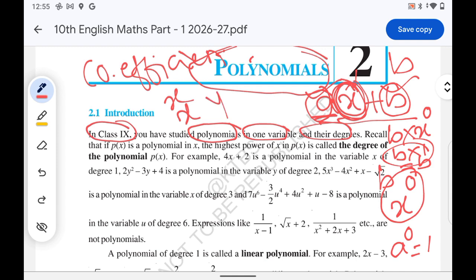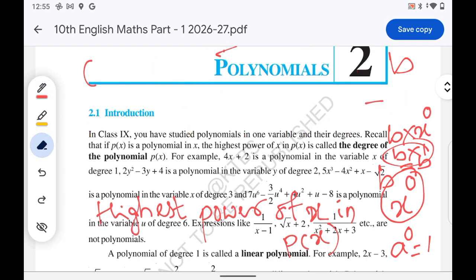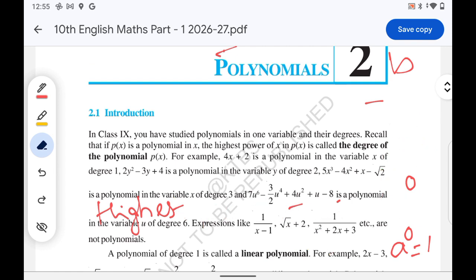Okay, next. So degree, what do you mean by degree? Degree is the highest power of x in p of x. So what does this mean? Okay, let us consider that. What is degree of a polynomial?